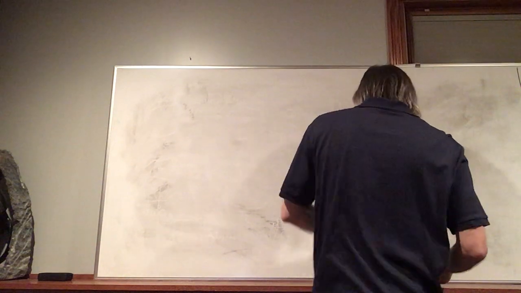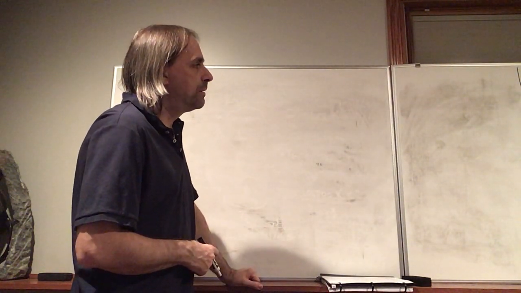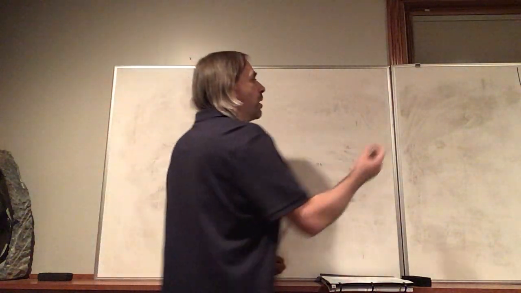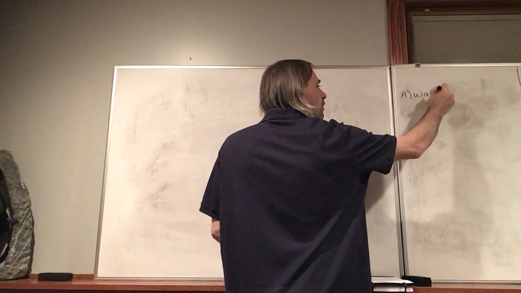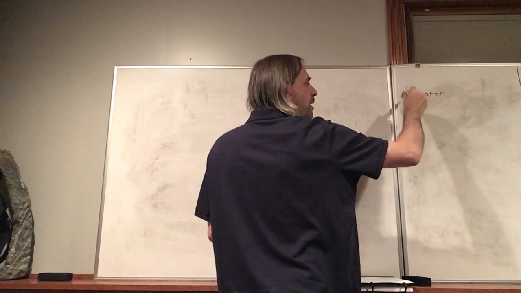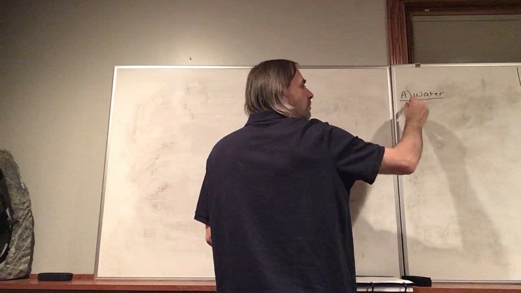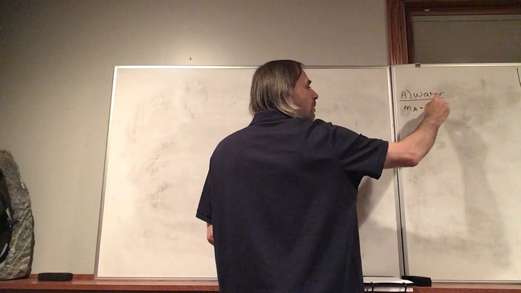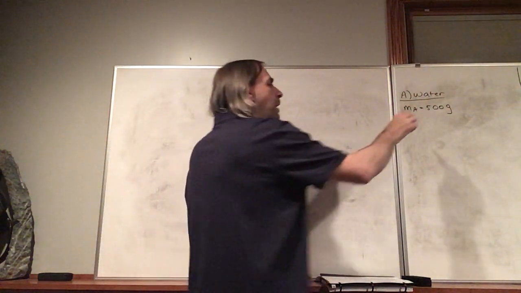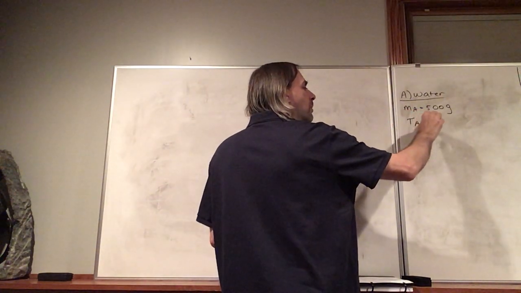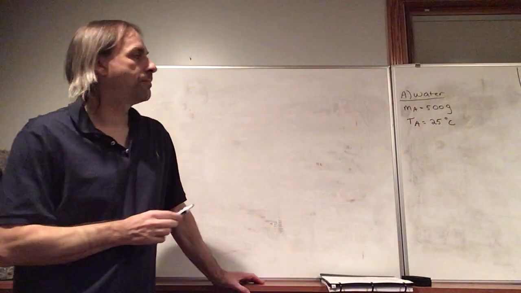So, okay, so let's say A is water again. And I'm going to make this one a little bit more complicated. Say we have 500 grams of water again, at an initial temperature of 25 degrees Celsius.